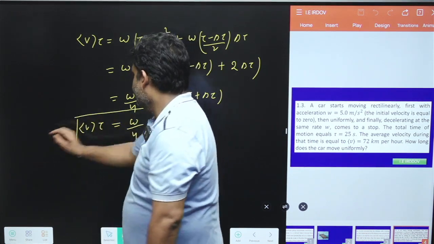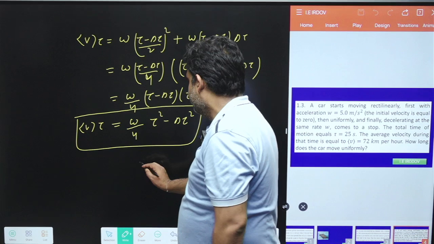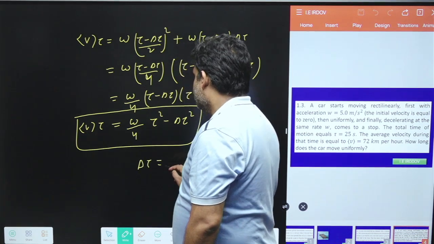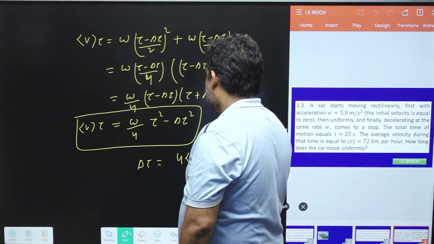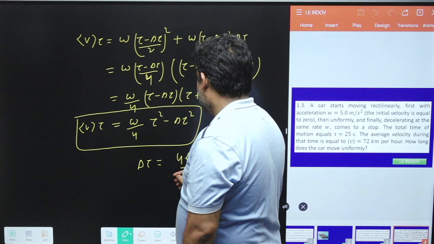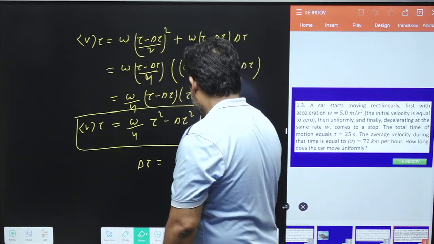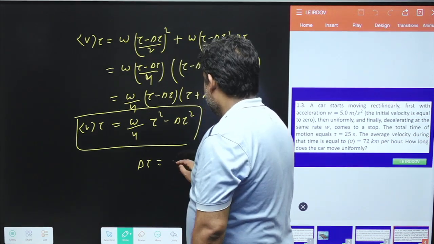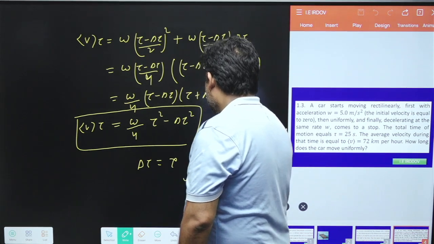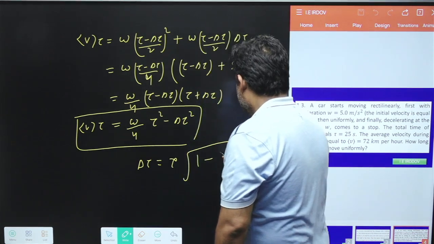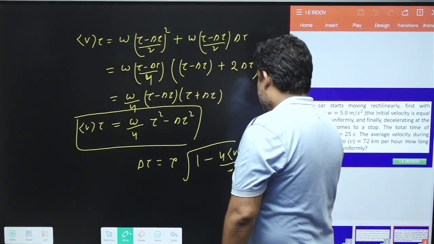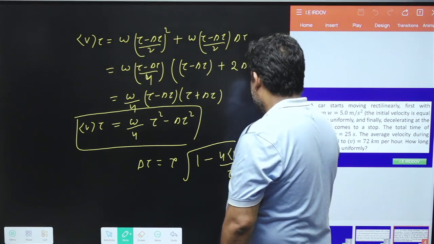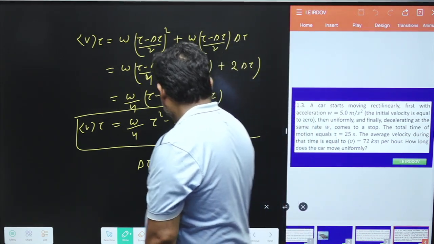So this is your final equation, and you can easily find that delta t is equal to 4v upon omega, and you can just find this one. So that value is equal to tau root under 1 minus 4v by tau into omega. So I think this will be our answer.